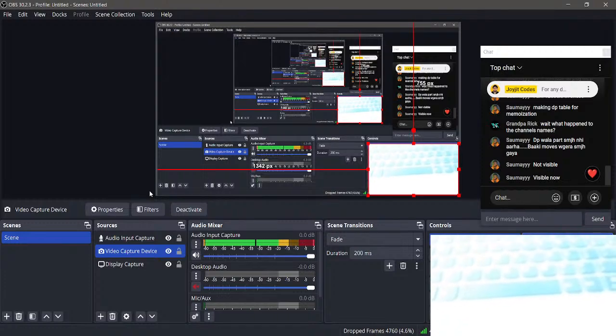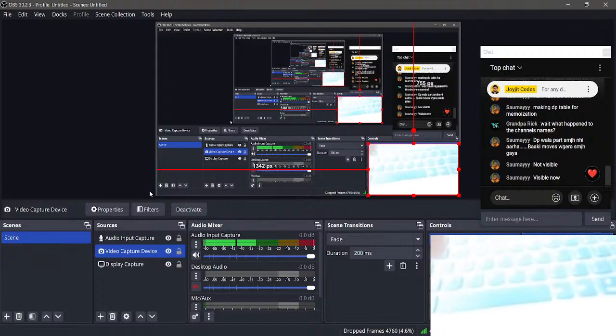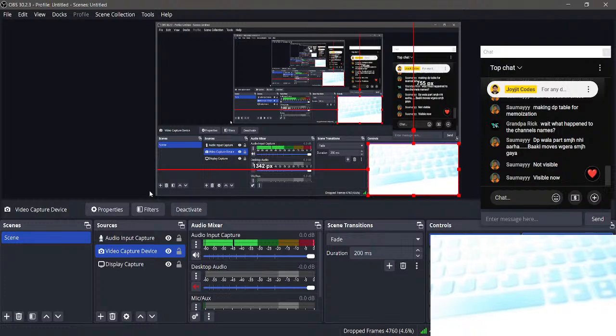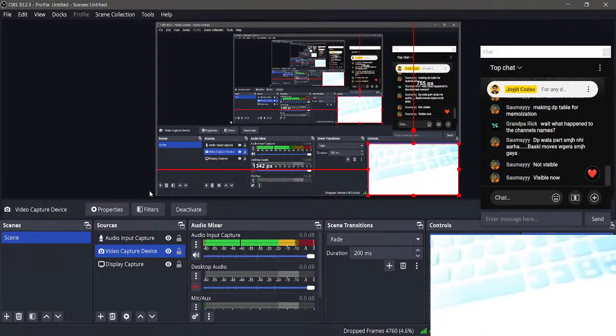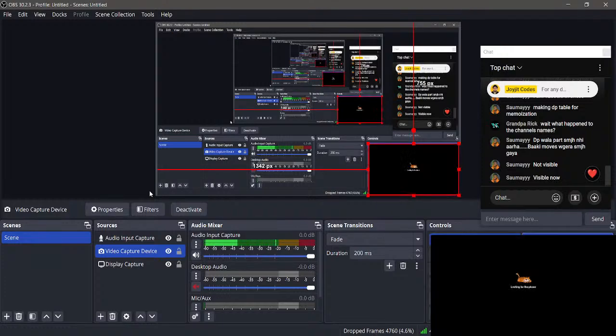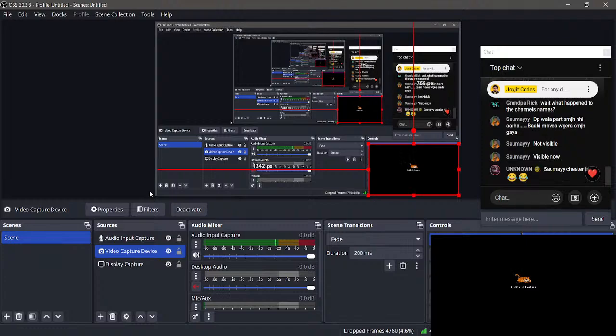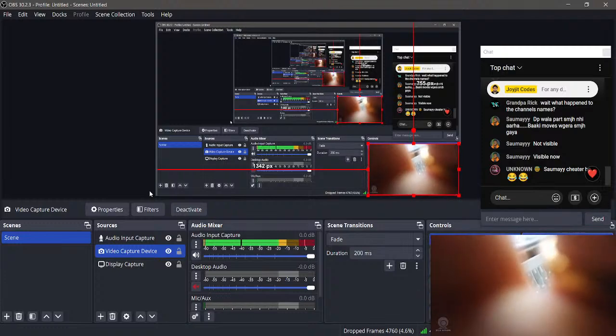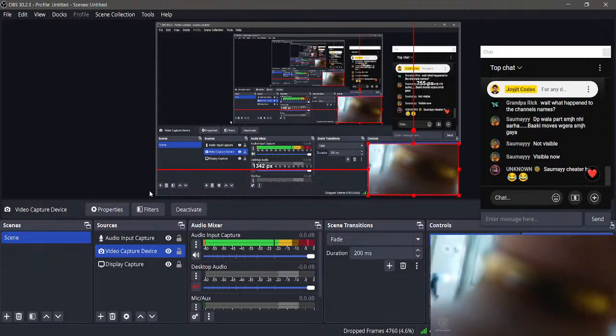I'll fix this brightness thing. So now this thing is clear.